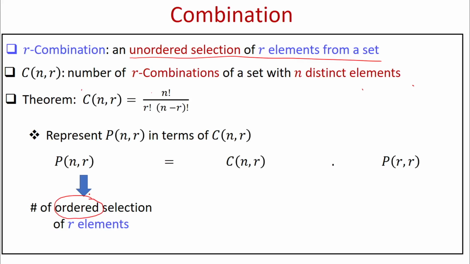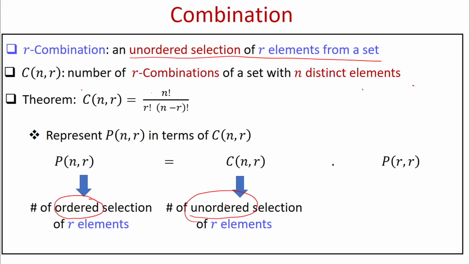My claim is that the number of ordered selections of r elements is the following. You first find out the number of unordered selections of r objects, or equivalently, how many ways you can first select those r elements which you want to order in your permutation. And that you can do in C of n comma r ways.